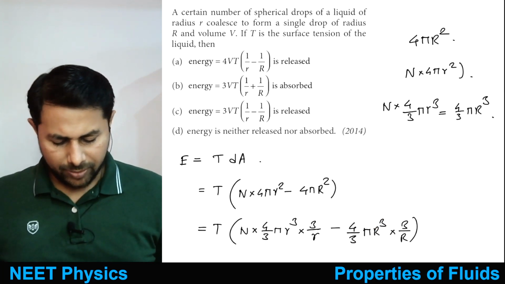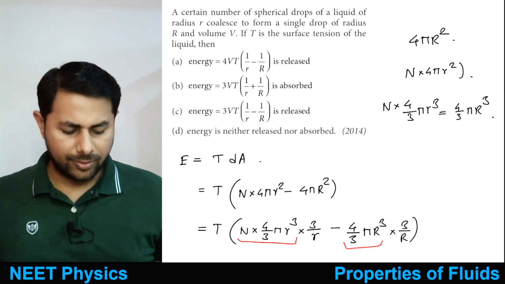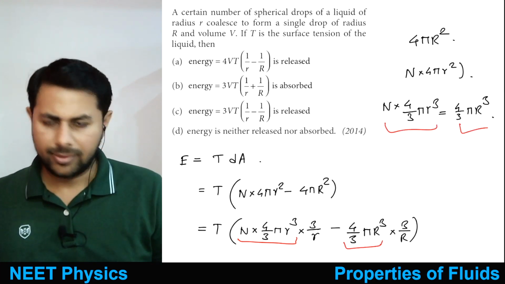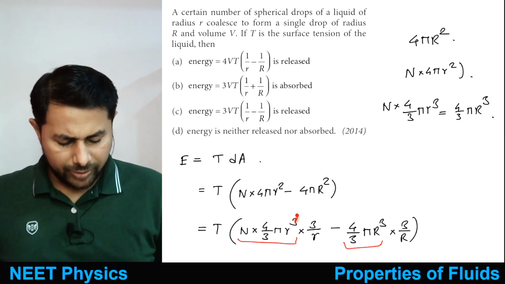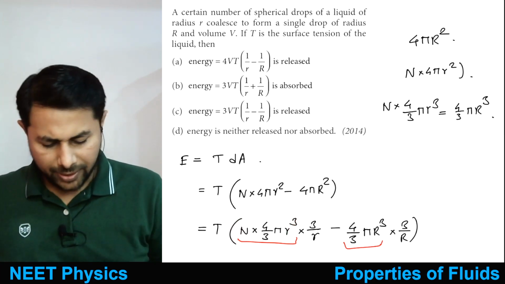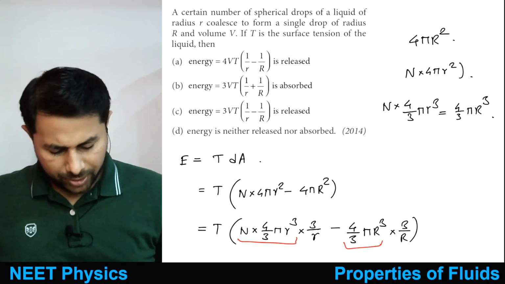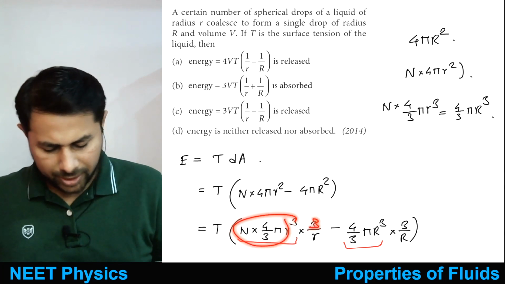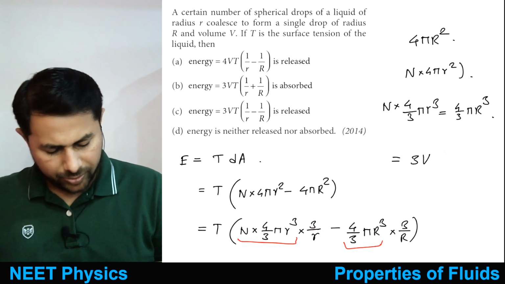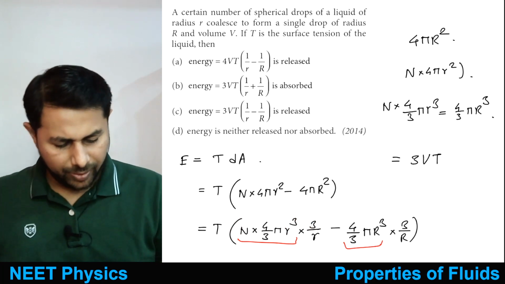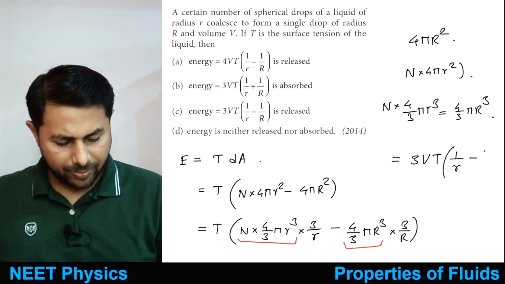And then we'll take volume common, so this thing is volume, and this thing is also volume. Volume of n small drops is equal to volume of one big drop. So we can move the volume outside, and 3 also we can take common. What remains is 3 times volume into T, and then 1 by small r from the first term and 1 by capital R from the second term.